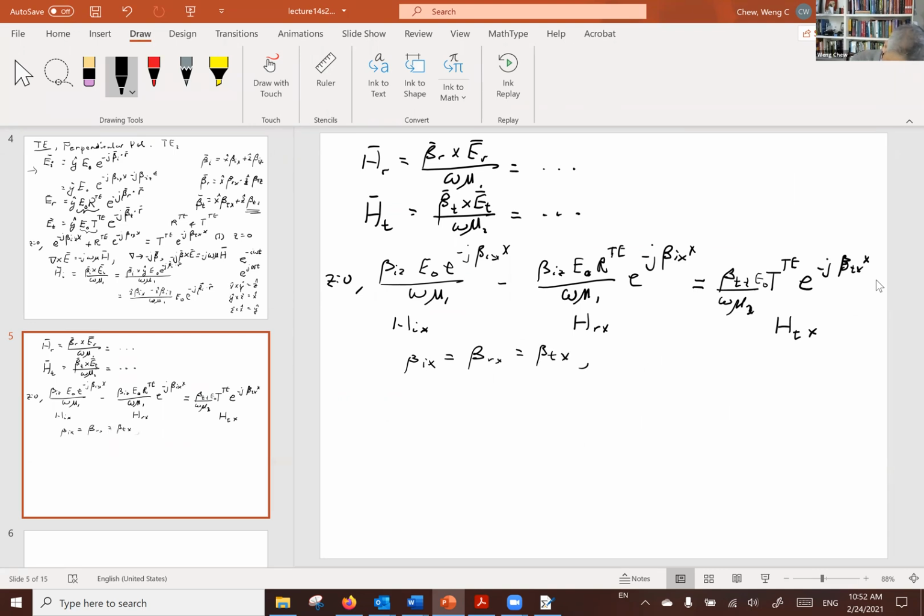This is called phase matching. Otherwise the boundary condition cannot be satisfied. Physicists like to call this momentum matching, because momentum is the same as phase to them. The beta vector is also called the momentum vector.